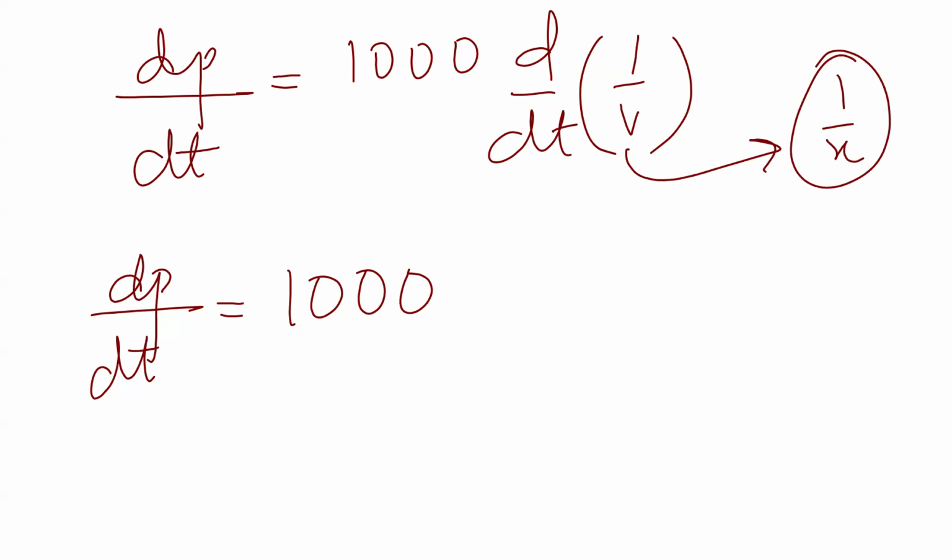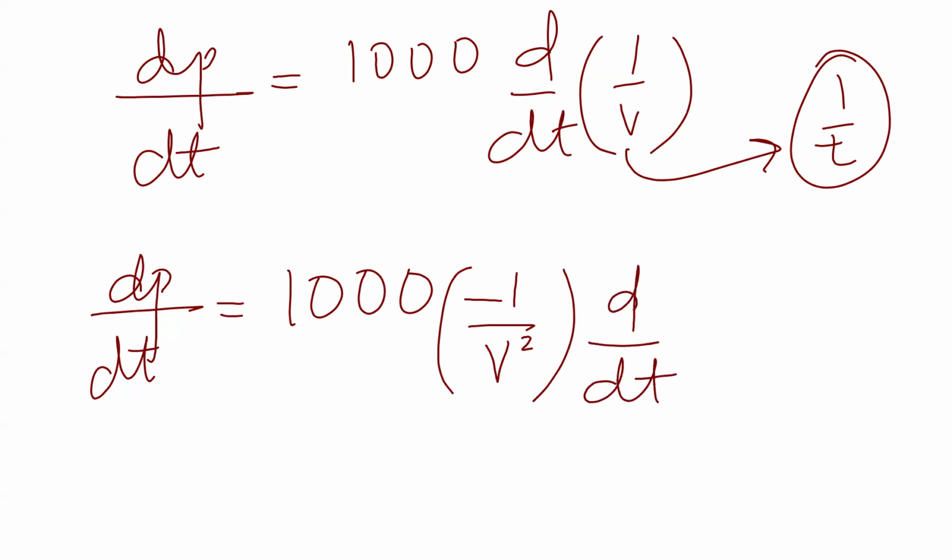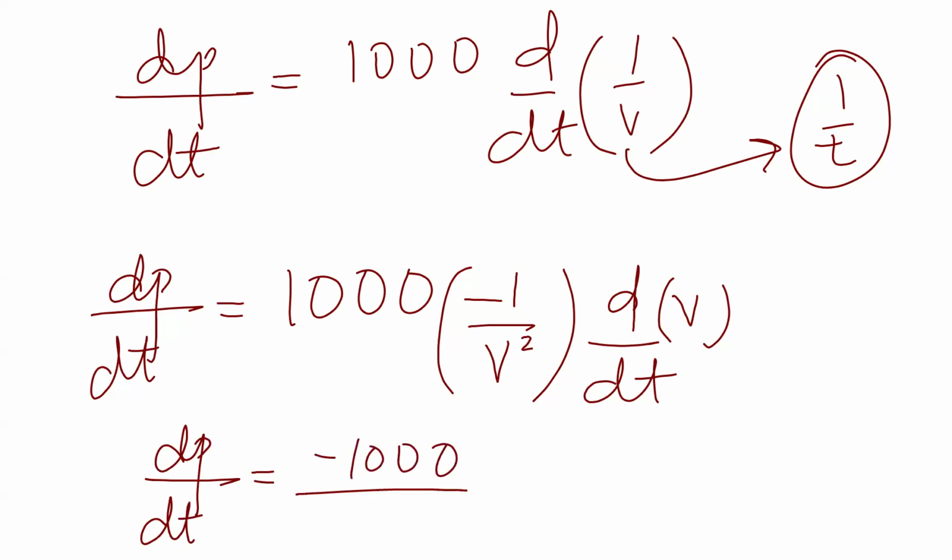The derivative of 1 upon t is minus 1 upon t square, so the derivative of 1 upon V will be minus 1 upon V square, with d by dt of V. That is the chain rule; don't forget the chain rule part. So dP by dt is minus 1000 upon V cube dV by dt.